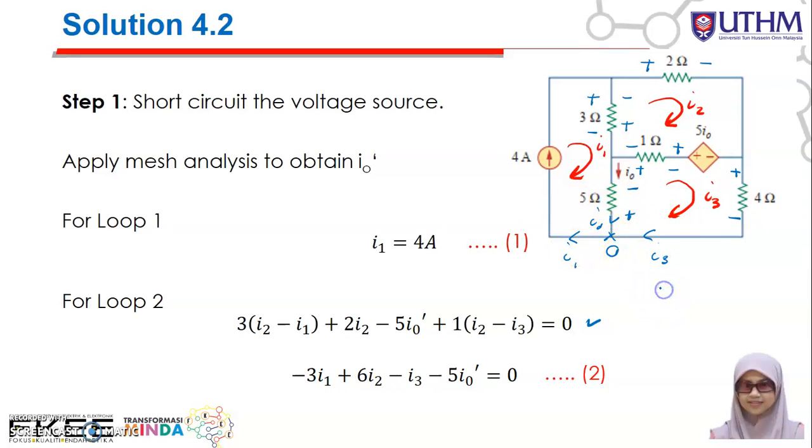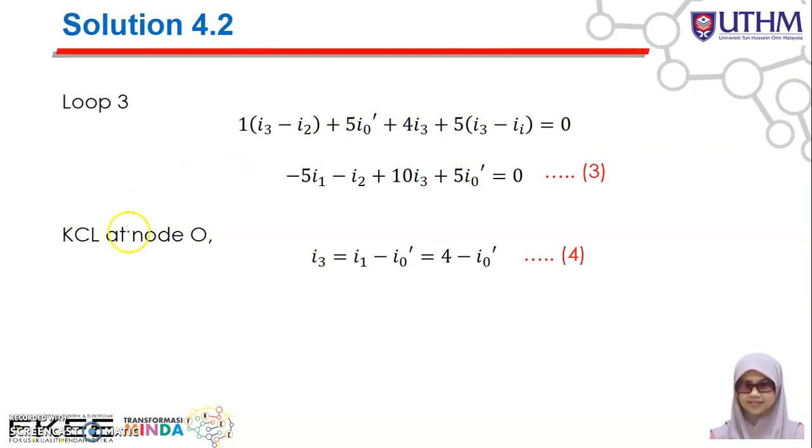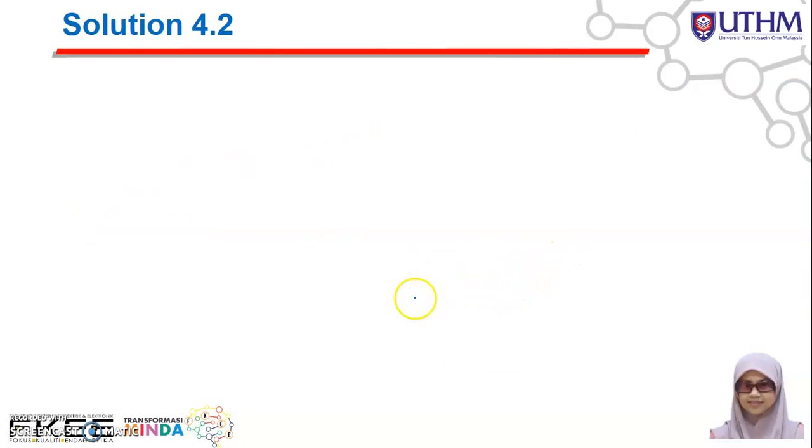Based on your KCL, total current in will be equal to total current out. So I in is I3, and I out is I3 plus I0, equal to I1. In this case, I1 is equal to 4. So KCL at node 0, you get this equation.